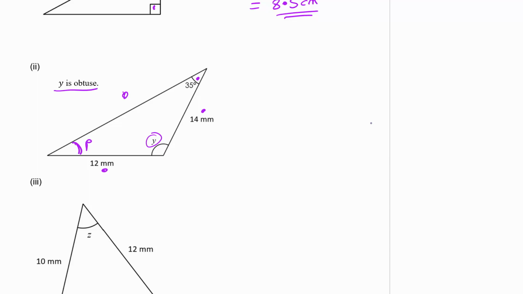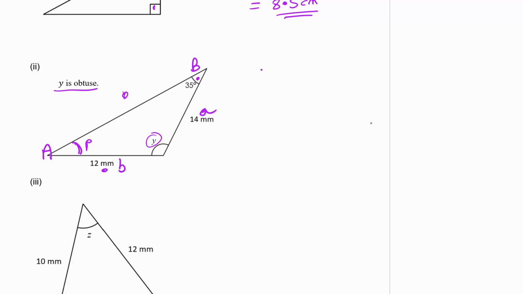Now, we're trying to find the angle that I've called P first, so label that as A, then this side is A. This angle would be B, and this would be B, and we're using the sine rule.